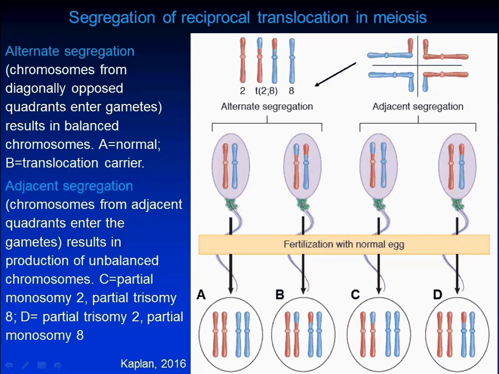When one of these sperms fertilizes a normal egg, it results in one child with partial trisomy 8 and partial monosomy 2, and the second child with partial trisomy 2 and partial monosomy 8. Our conclusion is a man with reciprocal translocation may have children with partial monosomy for one chromosome and partial trisomy for the other chromosome.